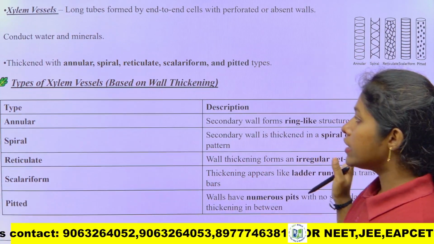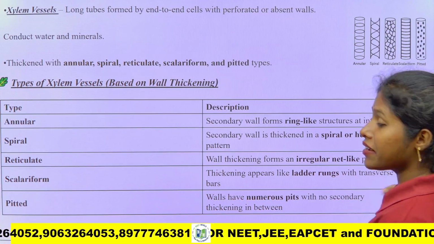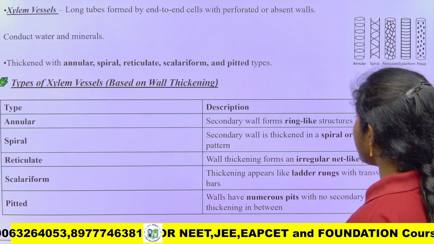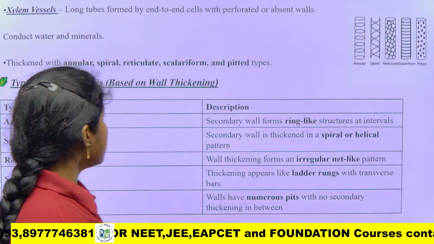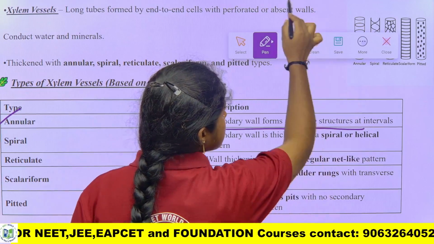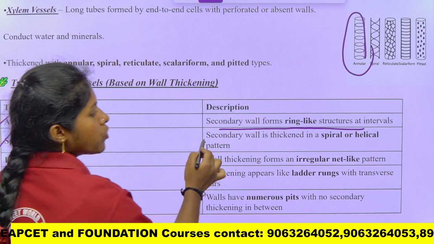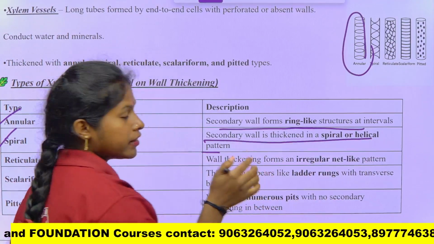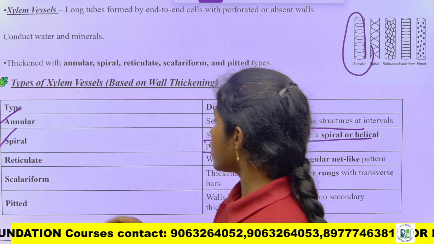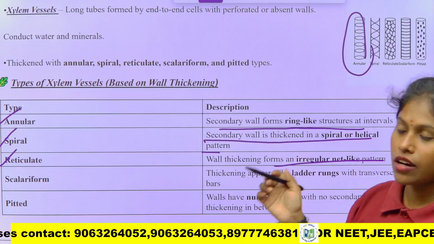Coming to the types of vessels, I already said it to you, but let me go through it so you can understand better. Annular: secondary walls form ring-like structures. Spiral: secondary walls are laid down in a spiral or helical pattern. Reticulate has a mesh-like or irregular network-like structure, right?